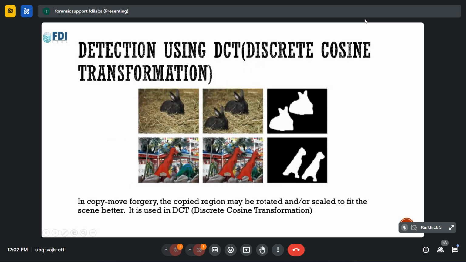Here we can see the same content, but we are using a technique called DCT. The rabbit has been copied and moved to the altered image, the second picture. When we apply this discrete cosine transformation, we exhibit the same features, so it can be identified using this method.